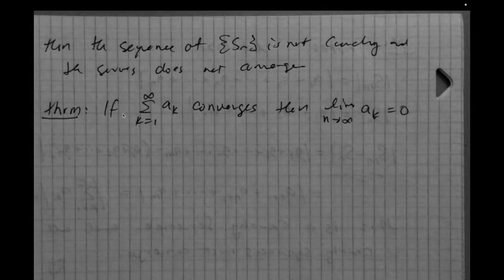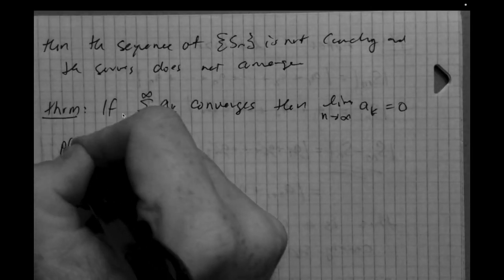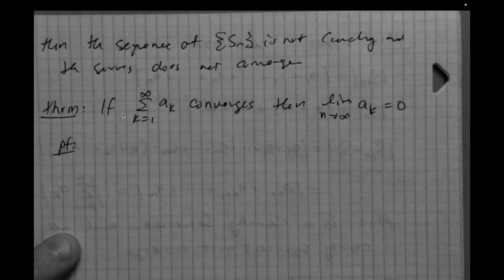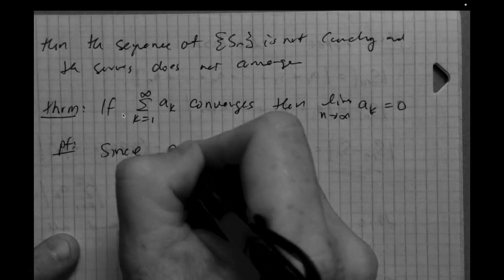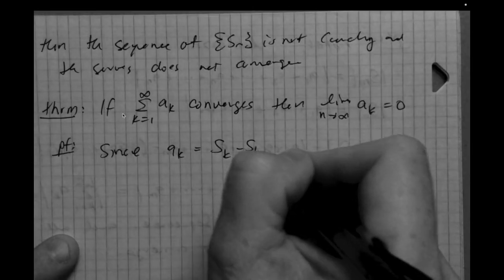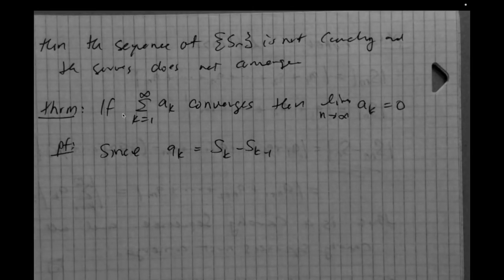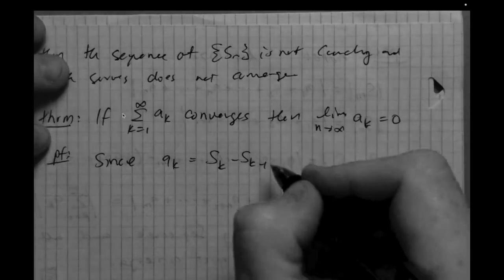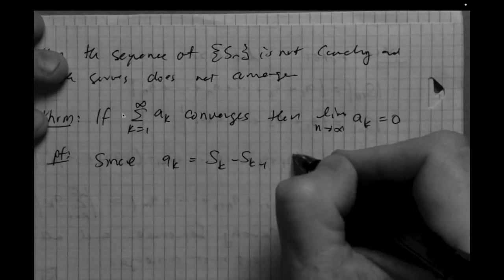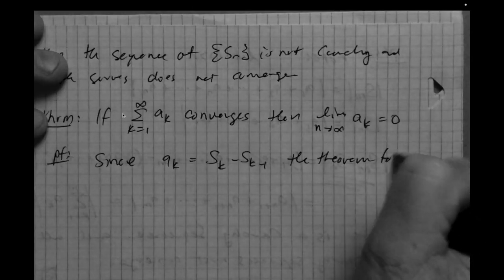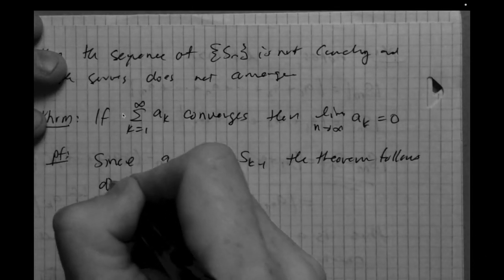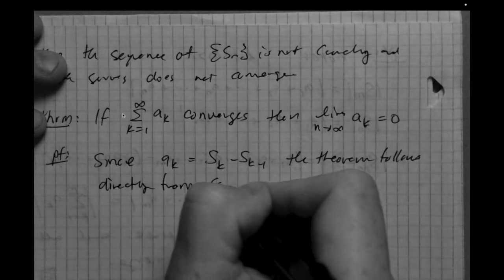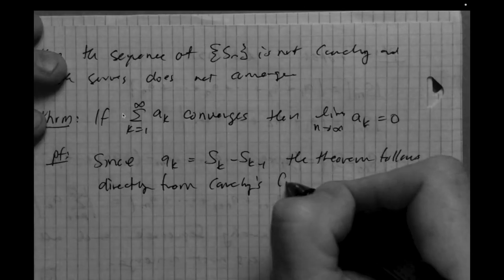Now the proof follows from the Cauchy criterion. We won't go into it in detail, but basically, since a sub k is just s sub k minus s sub k minus 1, the kth term is just the difference between the kth partial sum and the k minus 1 partial sum, then if you set it up like this, the theorem follows directly from Cauchy's criterion.